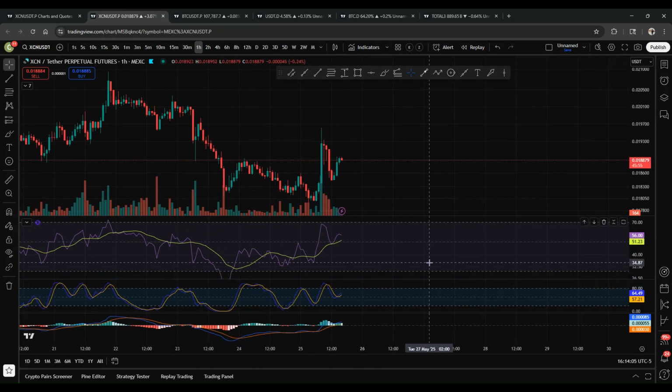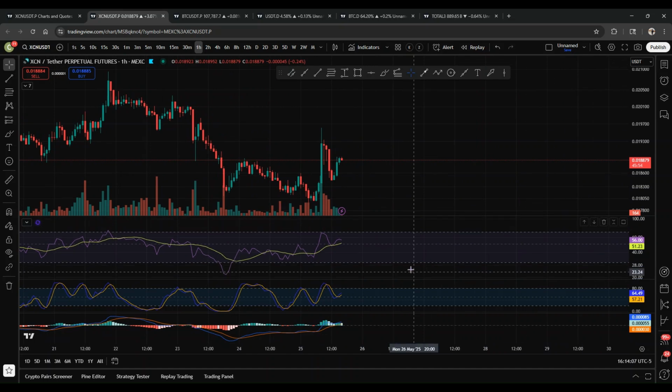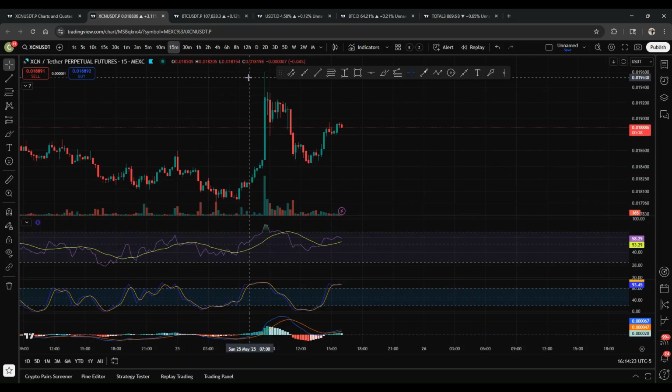So right now on the hourly, we were getting this bullish divergence right over here. So that's why I'm quite interested. It's gonna be interesting to see how this action is gonna play out. But this looks good actually. Yes, this looks good.